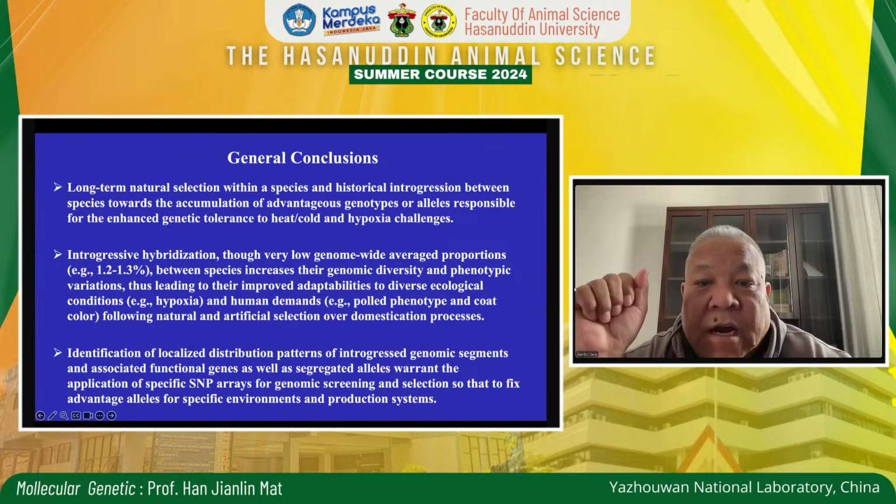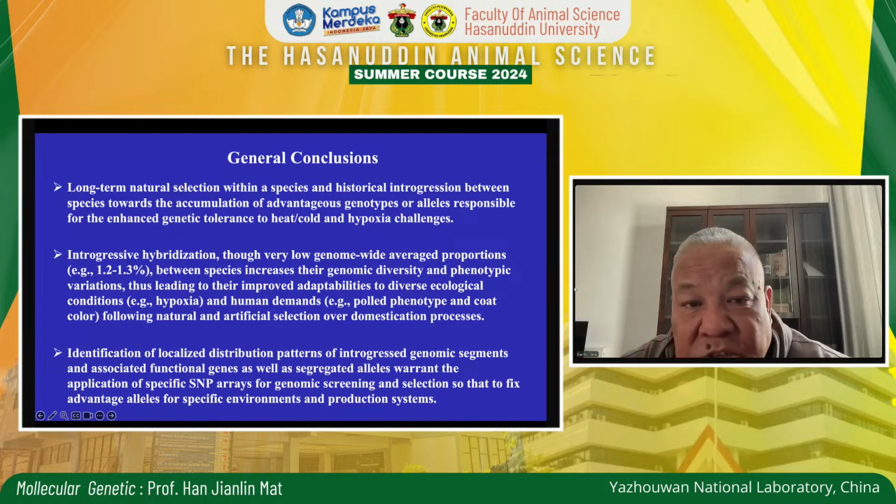And the second source will be the integrative hybridization between different species. By doing that, under human control, we were able to harvest the genes from wider species, a wider relative.